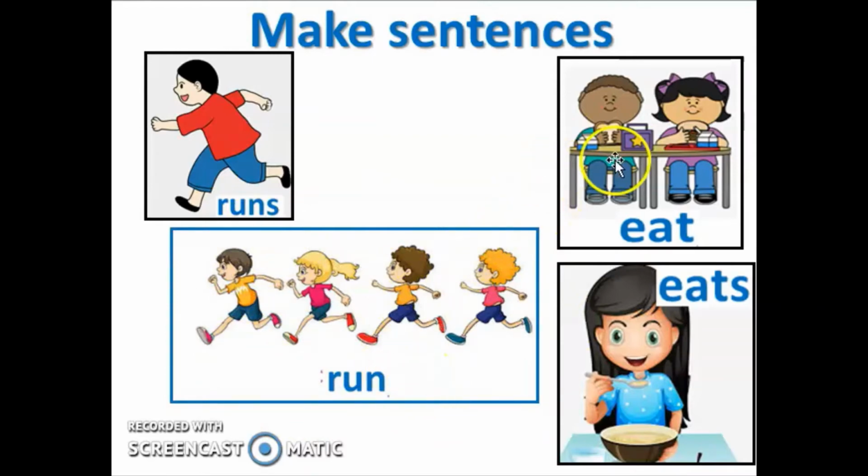Again, at the right top corner, I see the picture of two children, and here I say they eat. But at the bottom, there is this one girl and she eats. So you see, in the simple present tense, you only have two forms of the verb: run or runs, eat or eats.